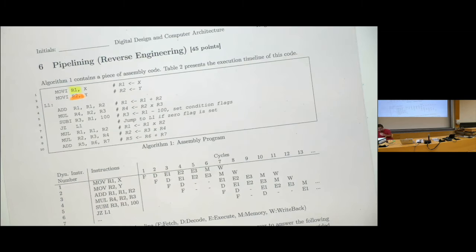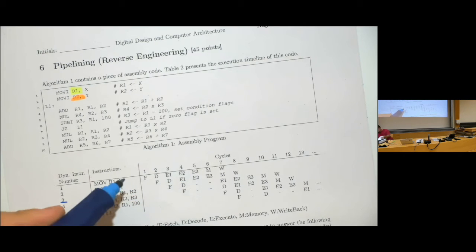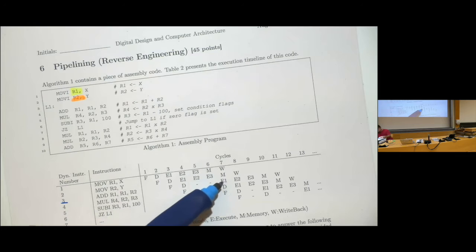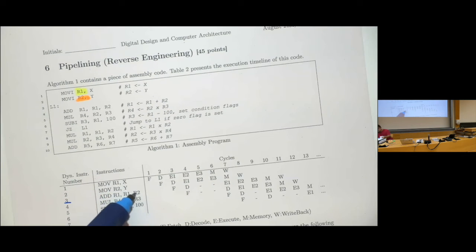So we need some specific data forwarding paths to cause exactly these cycles of stalls. So let's see where the data goes. We have a stall for dynamic instruction number 3, where cycles 5 and 6 stall. That is the execute stage somehow awaiting the input values R1 and R2.